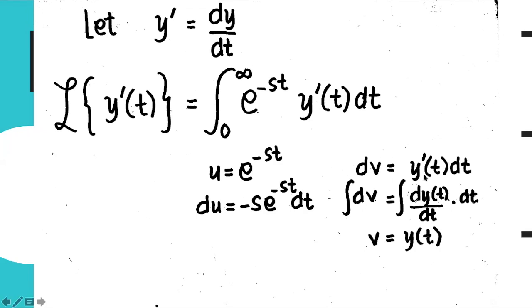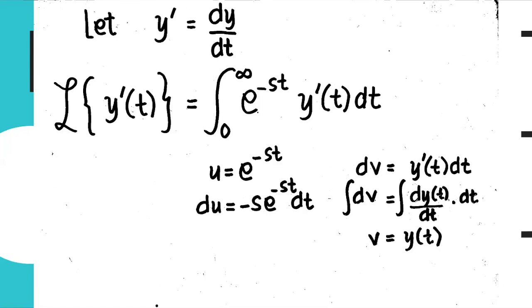So we integrate both sides to determine v. You know that y prime is equal to dy over dt, and y is a function of t. So here I can cancel dt, and integrating dy as a function of t will give me y of t. Basically, the integral of the derivative is equal to the function.